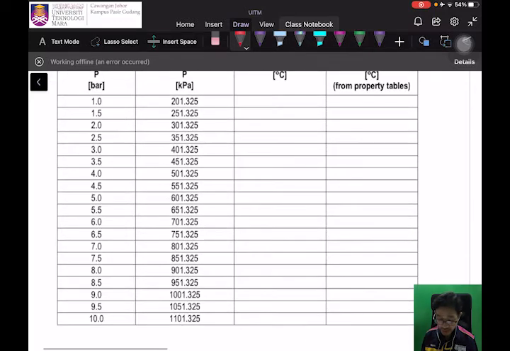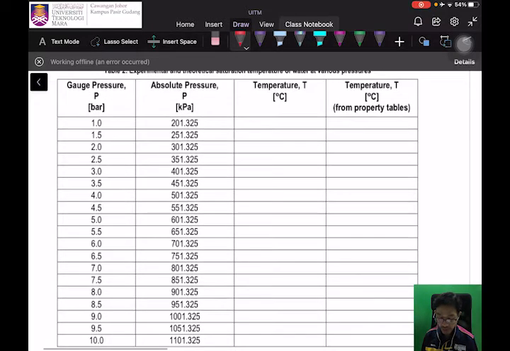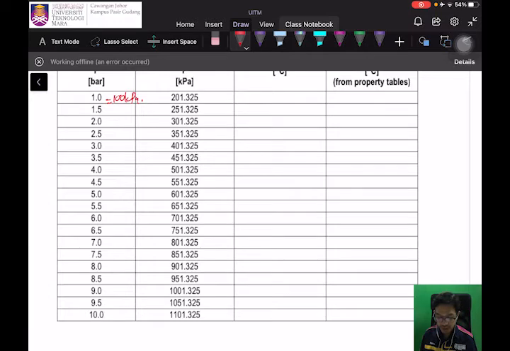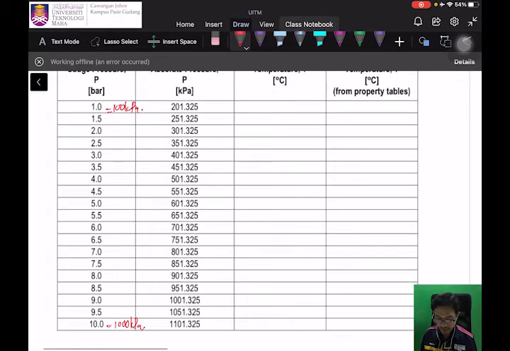Basically, you need to vary the pressure from 1 bar, equivalent to 100 kPa, and then change it until 10 bar, which is equivalent to 1000 kPa, because 1 bar equals 100 kPa.